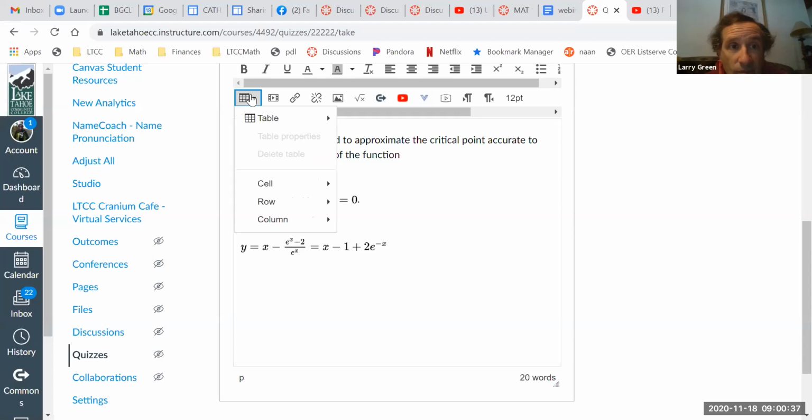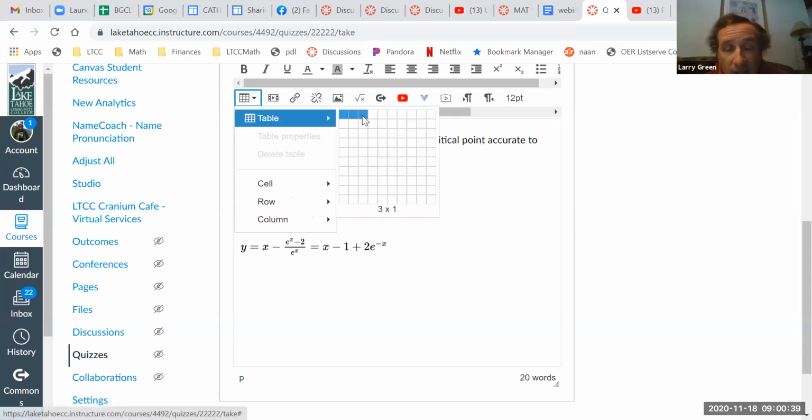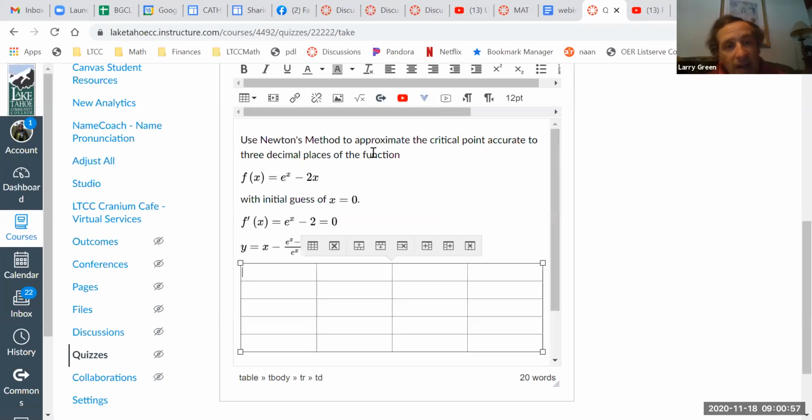And in our table, we're going to have our prior guess, our f prime, and our next guess. So that's 4 different things. And I'll just pop in a bunch of rows. I don't know how many we'll need until we're there, but we'll see.